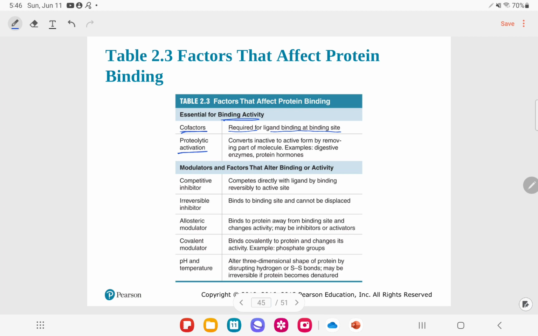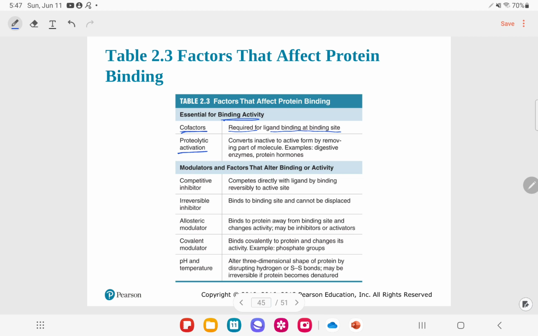So this protein was inactive, but we cleaved it somewhere and we have now made it active. For example, pepsinogen, the inactive form: we cleave it and we make pepsin, the active form. Angiotensinogen: we make angiotensin 1. Proteolytic activation of the inactive form, so cleaving some portion of it, and then we're able to put it in its active state.